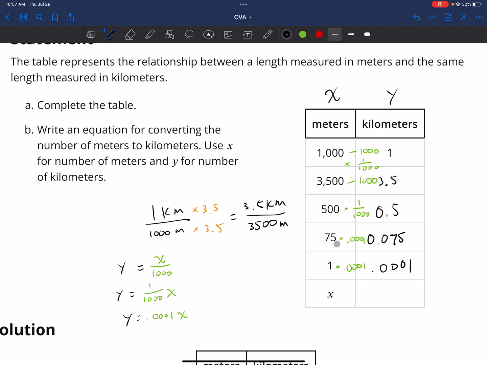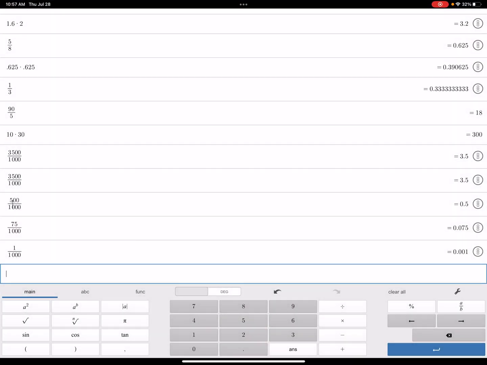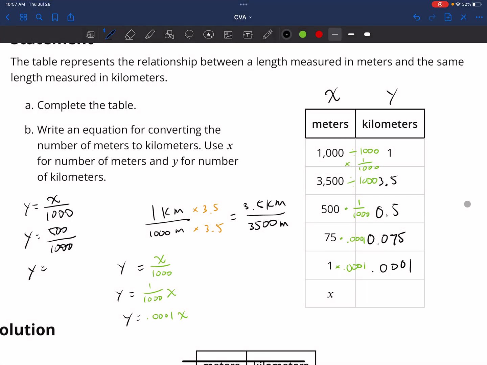Now watch, let me show it to you. Let's check 500. Let's replace 500 and see if this is the y value that I get. I'll just use this one because it looks easiest. So y is equal to x over 1000, and my x value is 500, so I should get y equal to 0.5, right? 500 divided by 1000 is 0.5, and 0.5 kilometers.